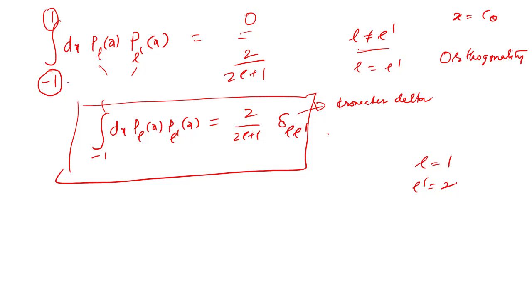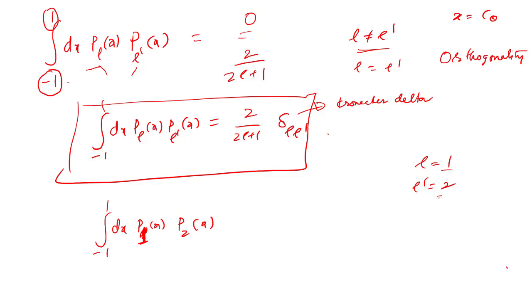This doesn't cover all the different combinations, but if you just pick one combination like this, for L I pick 1 and L prime I pick 2, then I would have minus 1 to 1 dx P1 of x and P2 of x.